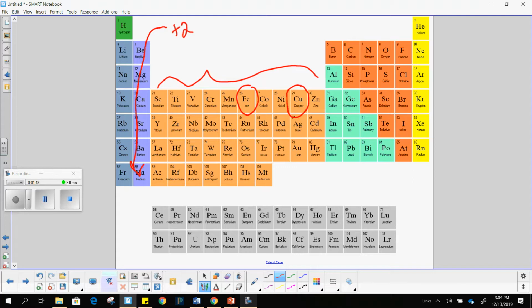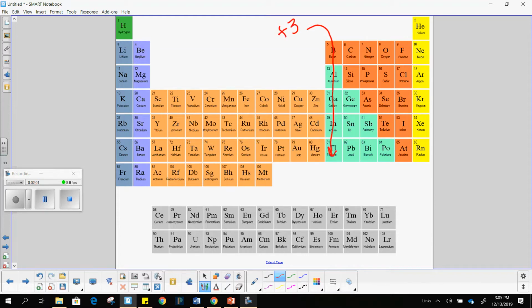Let's look over here on the side. Everything in this column, which is column 13 or 3A, has 3 valence electrons, so they're going to lose those 3 valence electrons to become +3. Everything in column 14, a lot of times you'll see the elements at the top like carbon and silicon.